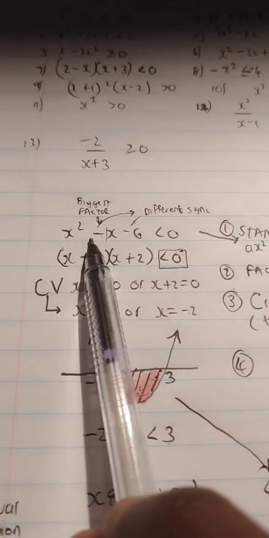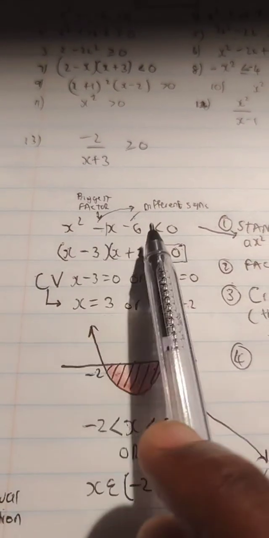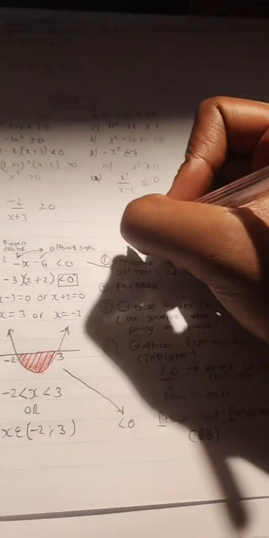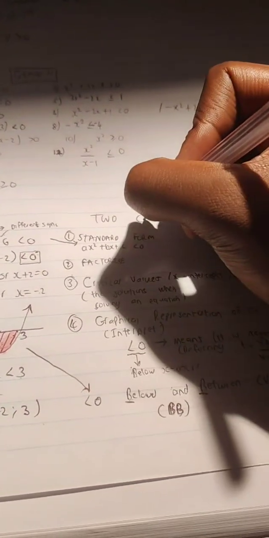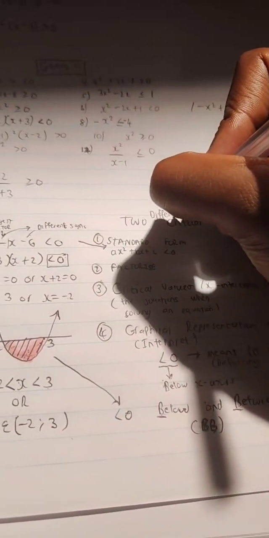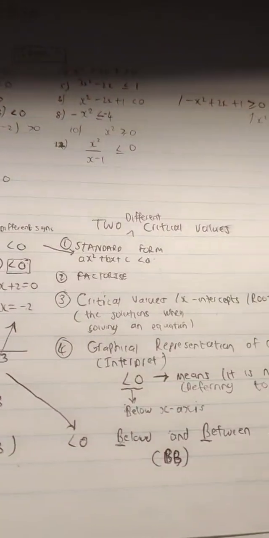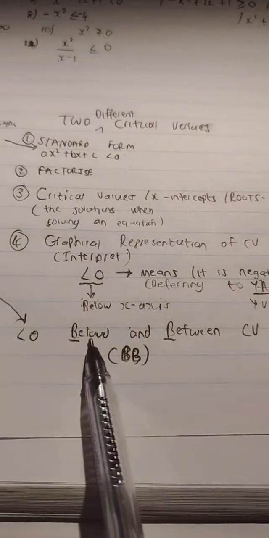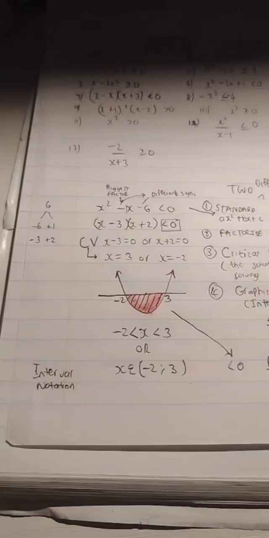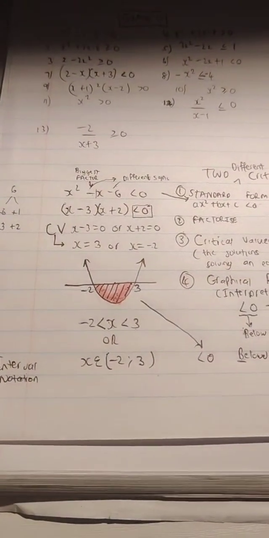If we are talking about a quadratic expression that possesses two different critical values, below the x-axis and between the critical values would be our answer.